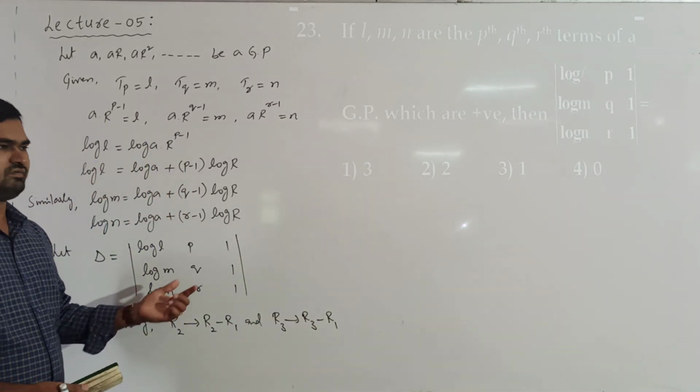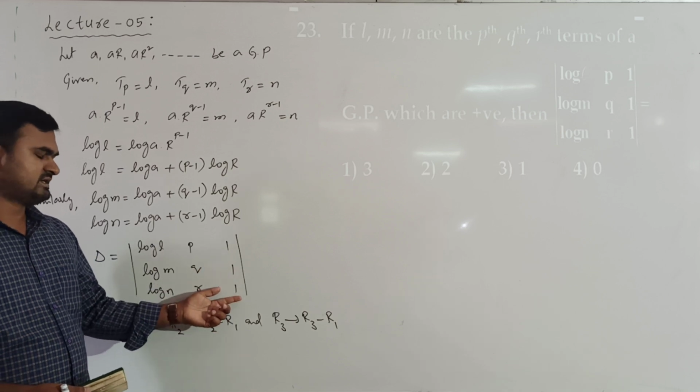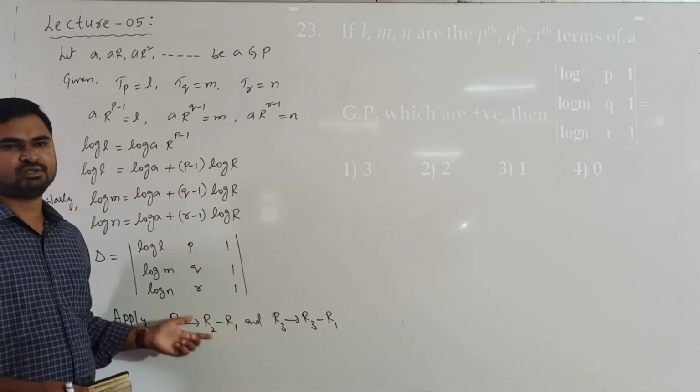Apply any of the properties where we make two elements zeros. Once two elements are zeros, expansion of the determinant will become easy.